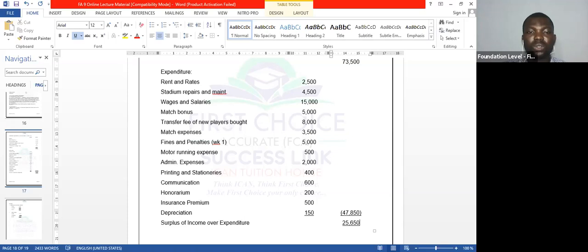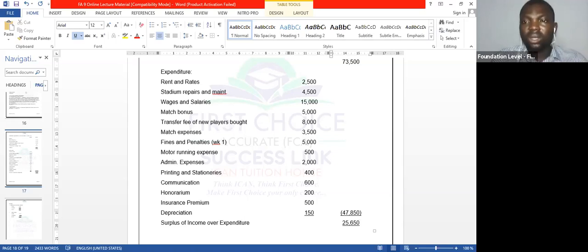Question 2 is not required. We are not required to prepare a statement of financial position. What we are just required to prepare is the income and expenditure account. That's what the topic is talking about.